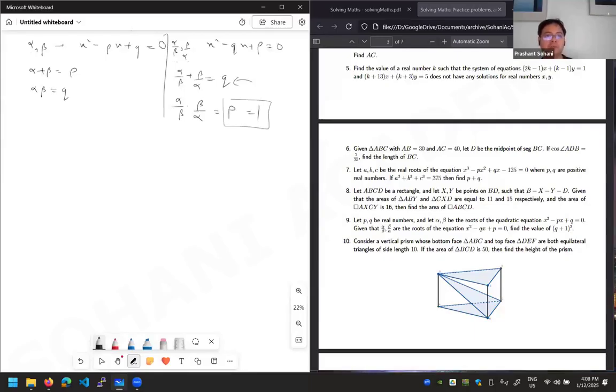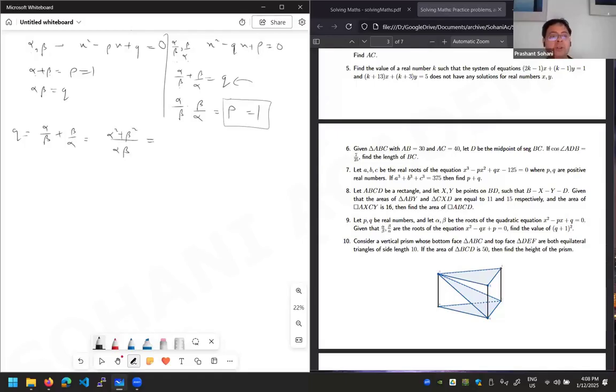And then if we want to use the other, the sum of these two, we should simplify that. So alpha upon beta plus beta upon alpha is equal to Q, which is equal to, if I cross multiply, alpha square plus beta square upon alpha beta. And now we have got P equal to 1, so I want to use that information, that alpha plus beta I know. So somehow I want to introduce alpha plus beta in this expression.